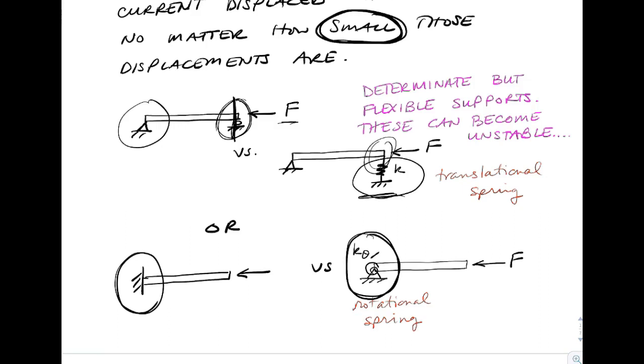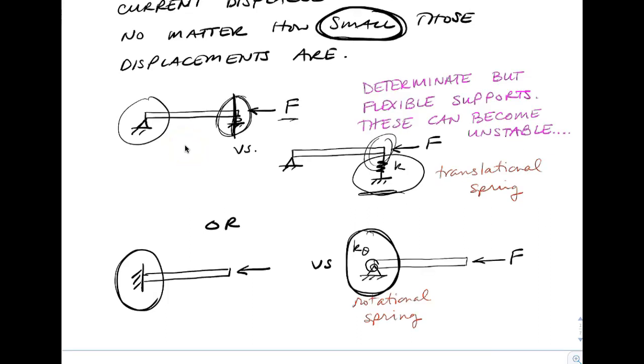One very common application of this is in soil structure interaction. Soil has flexibility to it. In comparison to a structure, the soil would be modeled with translational and rotational springs, especially when doing dynamic analysis of soil structure interaction.